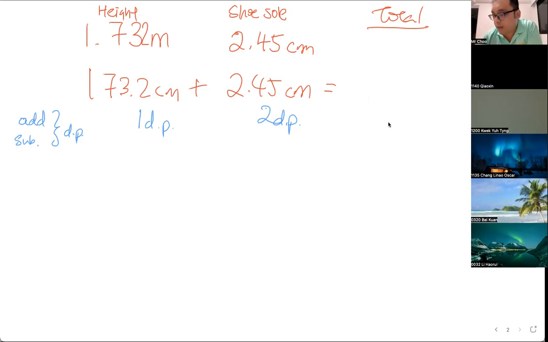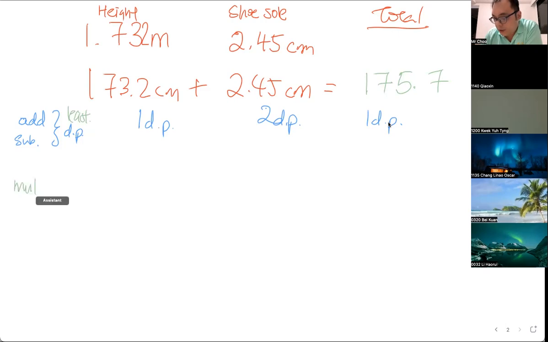Your final answer should also be 1 dp. Do you understand this idea? So your final answer here will be 175.7. Is that clear? So for addition and subtraction, you choose the least dp.